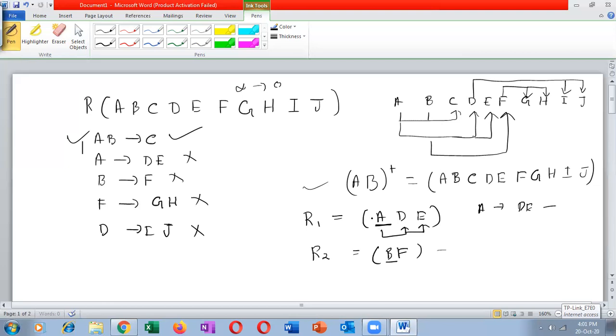One problem is there. See, when I have ADE, then with it I have to include IJ also, because with D I have to keep IJ also. So ADEIJ. A mistake happened here. Let me rectify this.